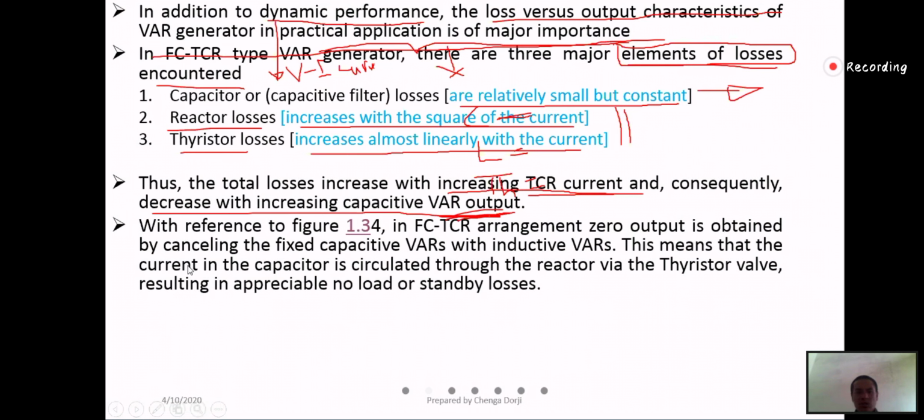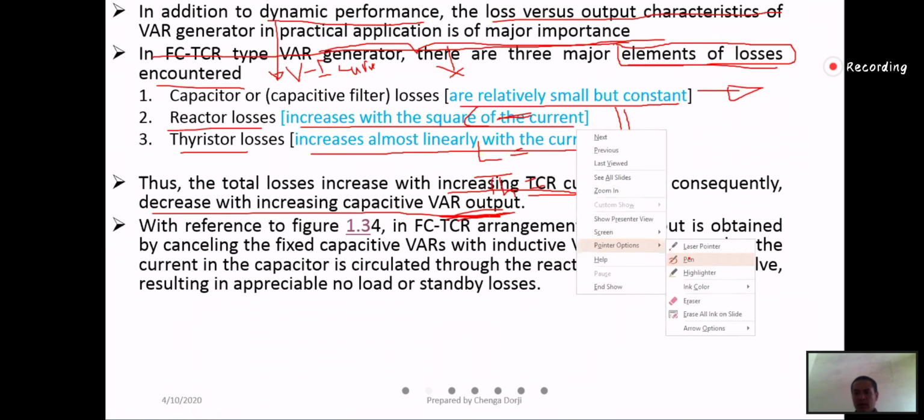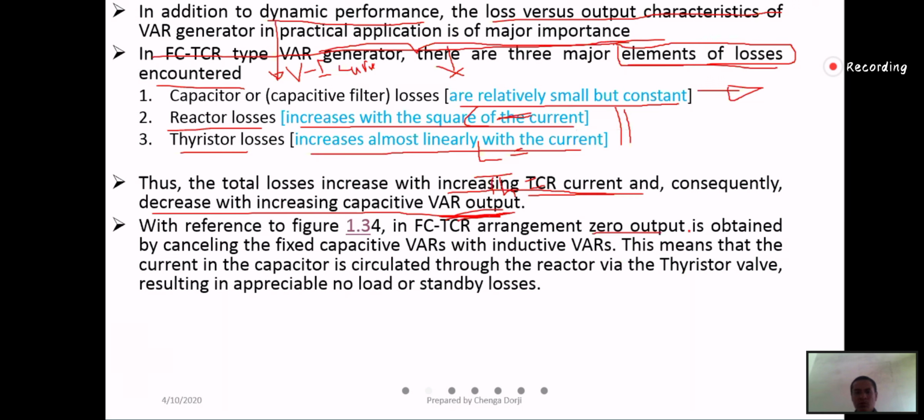When is zero output obtained? Any ideas? When is Q equal to 0? Q is equal to 0 when Q_C is equal to Q_L. Right? So that is what you will have.